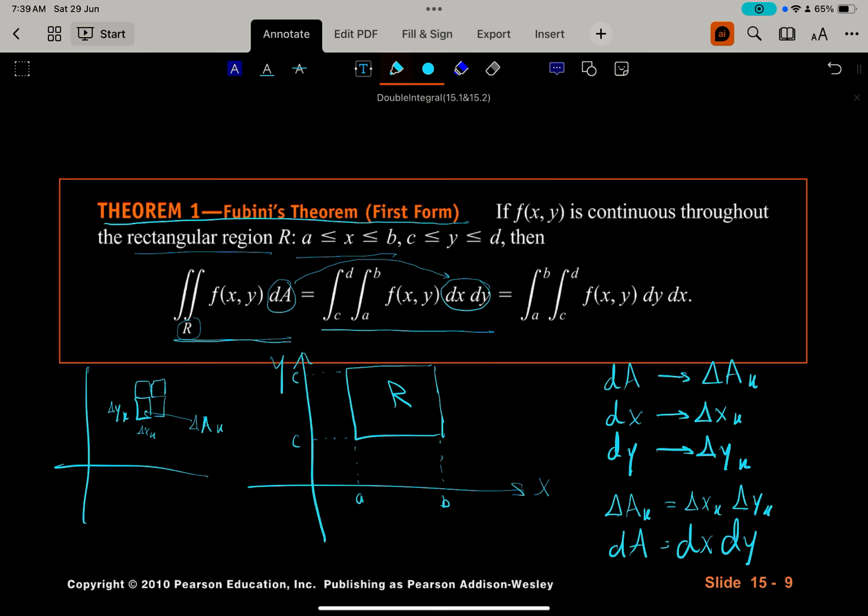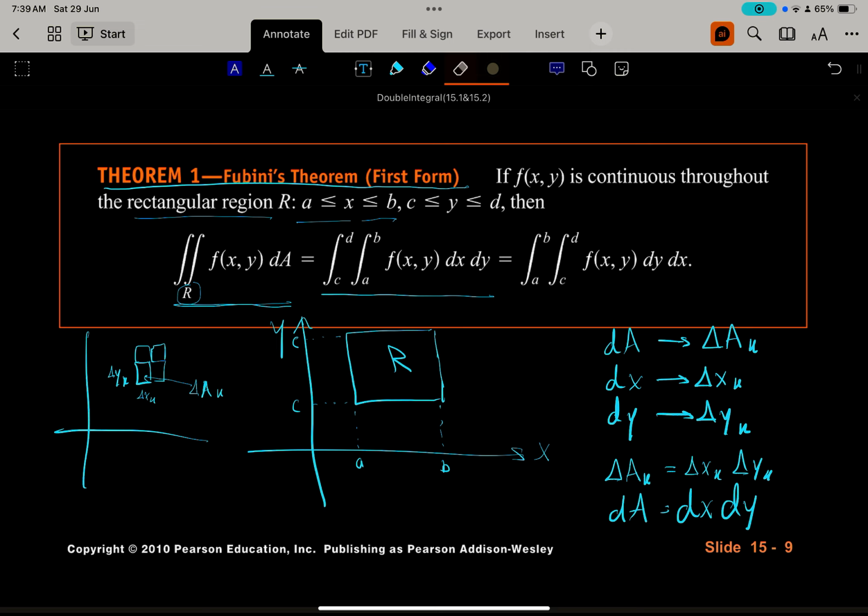Also, we need to emphasize a point: the order matters, since we are talking about integrals. In finding dA it does not matter, but here in integrals it matters, and I will tell you why. Now we discussed the dx dy. Let's discuss the limits, a, b and c, d.